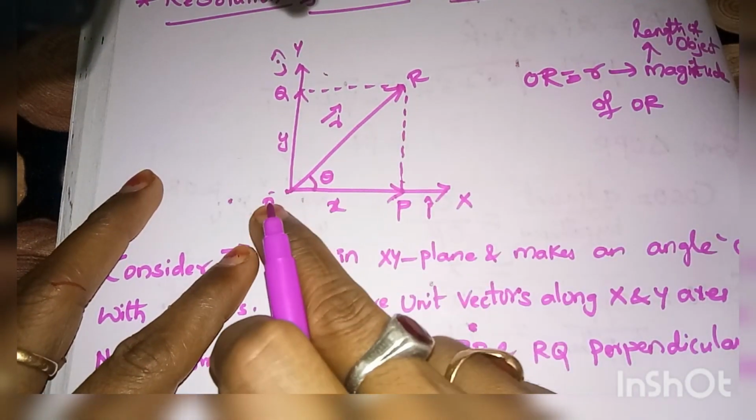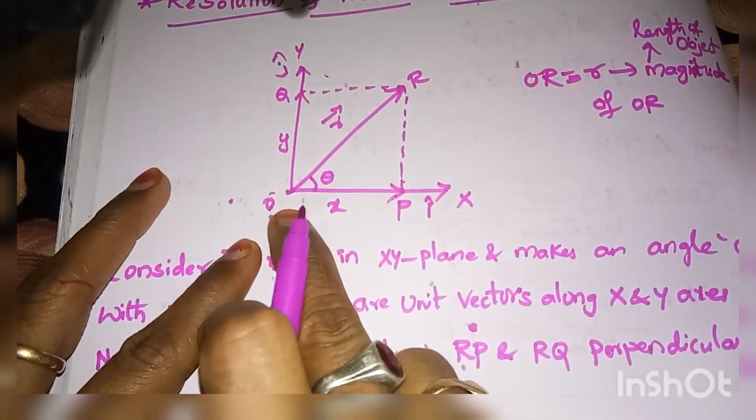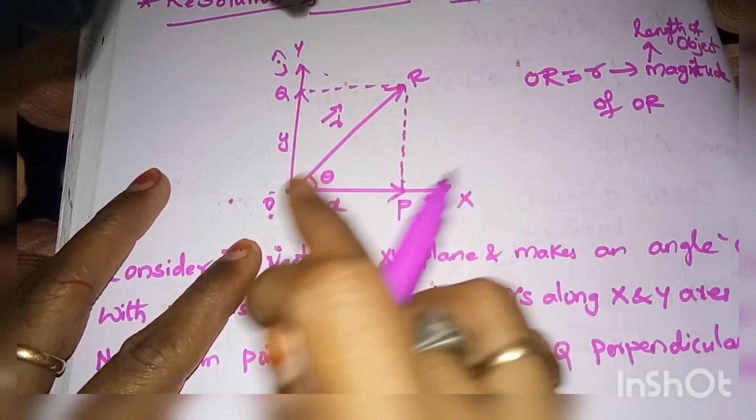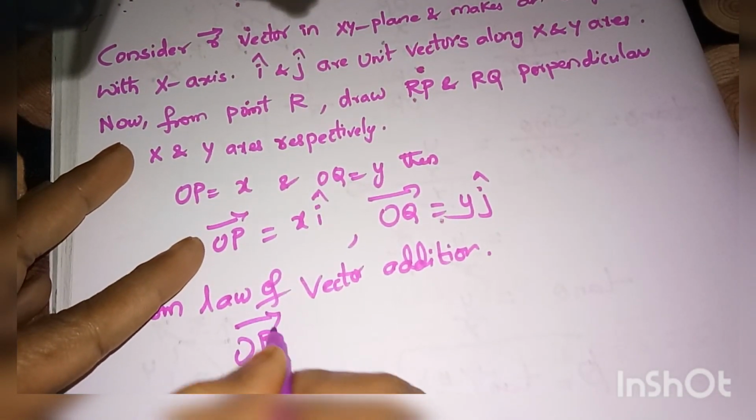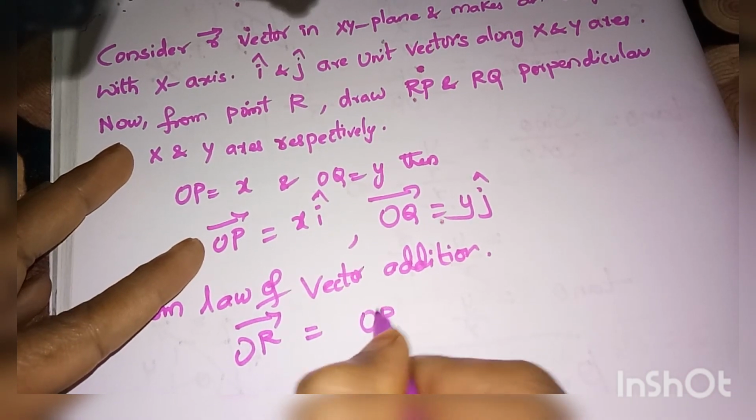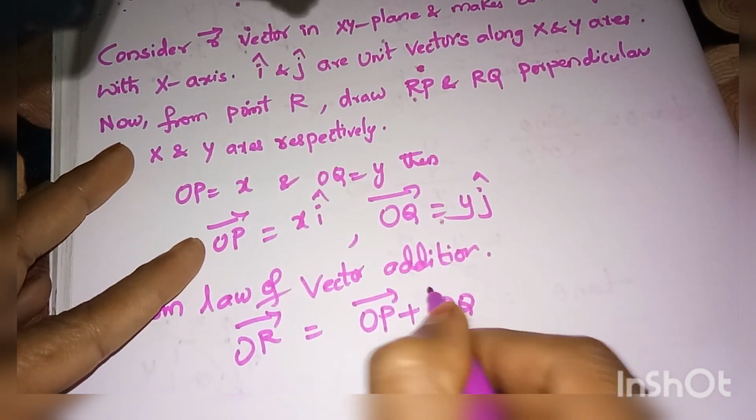Here the object is moving from O to R, O to P and O to Q. So first the object is moving along OR. So OR bar is equal to OP bar plus OQ bar.